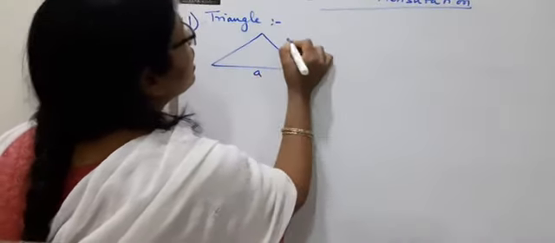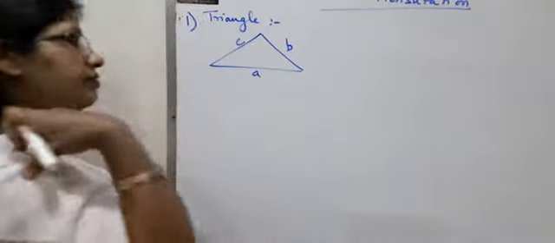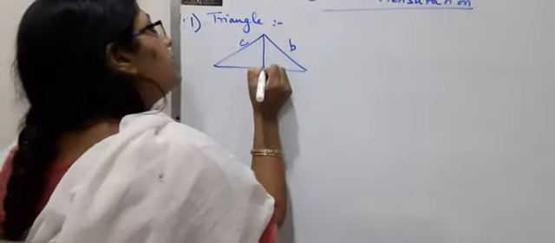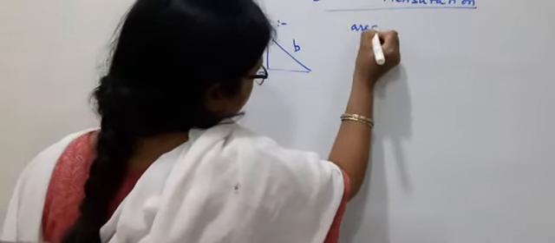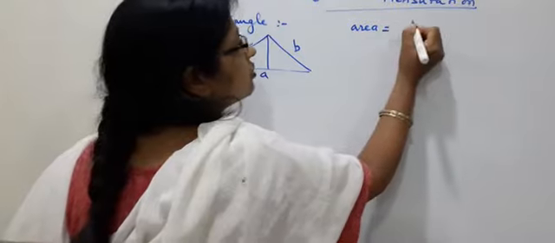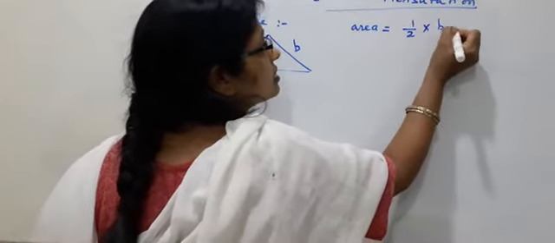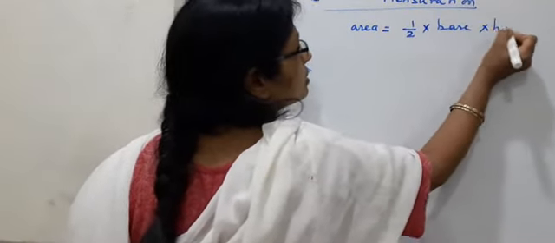If the sides of the triangle are A, B and C, then area is equal to half base into height.